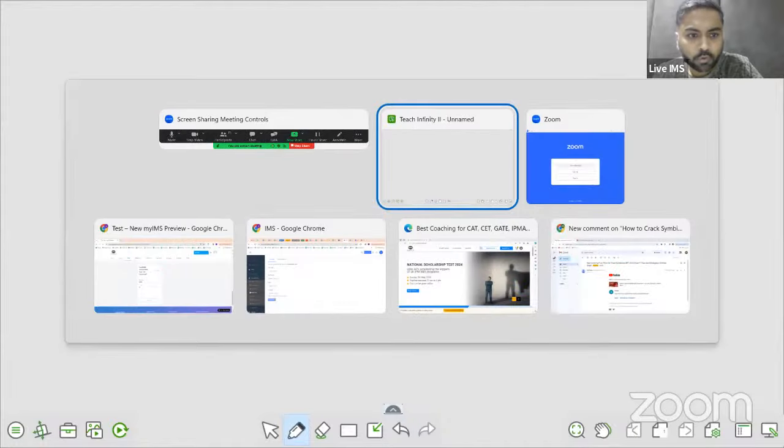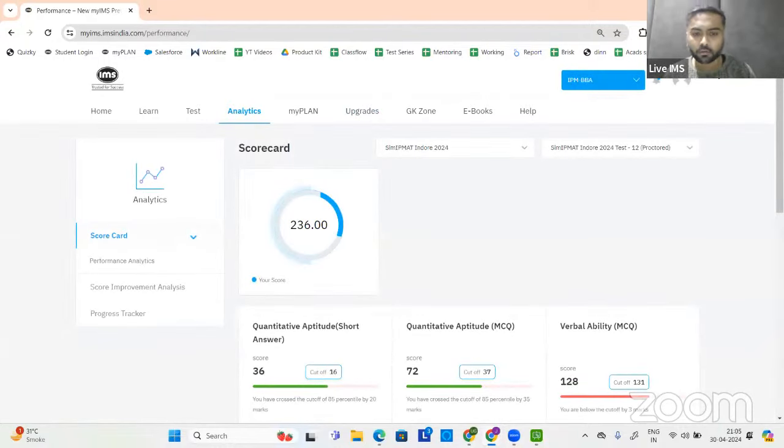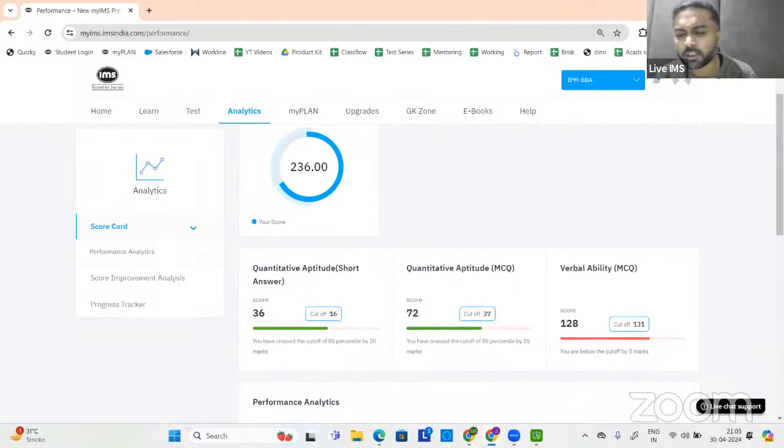Okay, let me go back to the window and see what is the score that I have. Oh, wait. I just missed the cutoff by 3 marks. Bad. So that's the quant mentor in me. I could not clear the verbal cutoff.